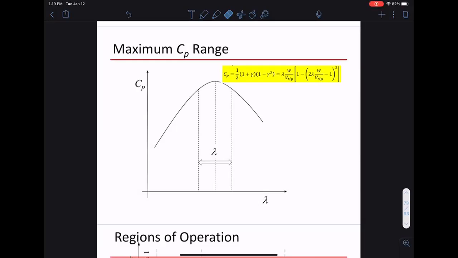So basically you turn the pitch a little bit. That controls how fast you're spinning. And the speed of rotation tells you where you are on this curve. And you want to be in the sweet spot of the curve, right? Okay, so this is how we do maximum power control.